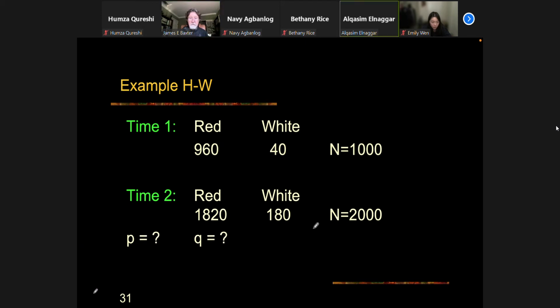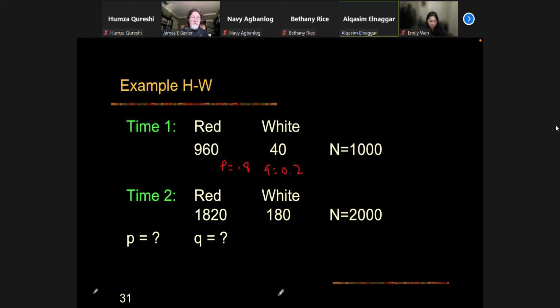Okay, how do I do it? So you could take 40 over 1,000... We already did that. That was time 1, because we already determined up here that P is equal to 0.8 and Q is equal to 0.2. That's something I did in my first example. That was our time 1. Okay, so I'm talking about time 2.